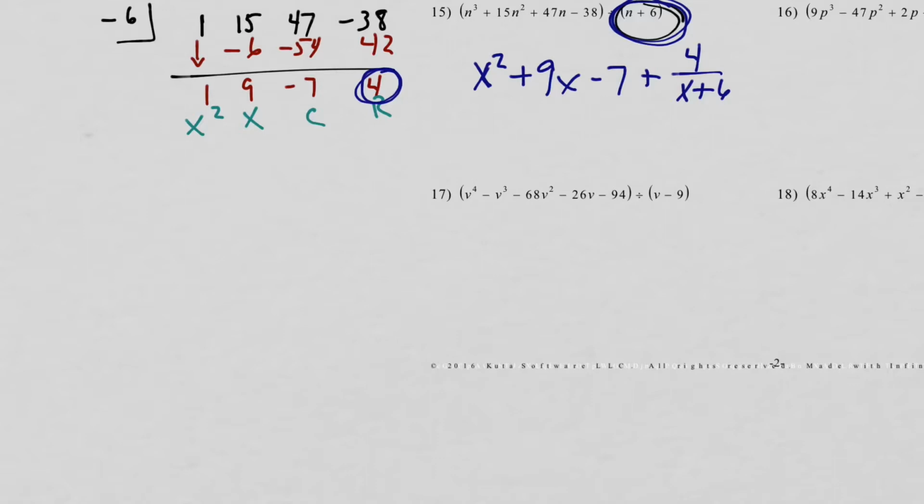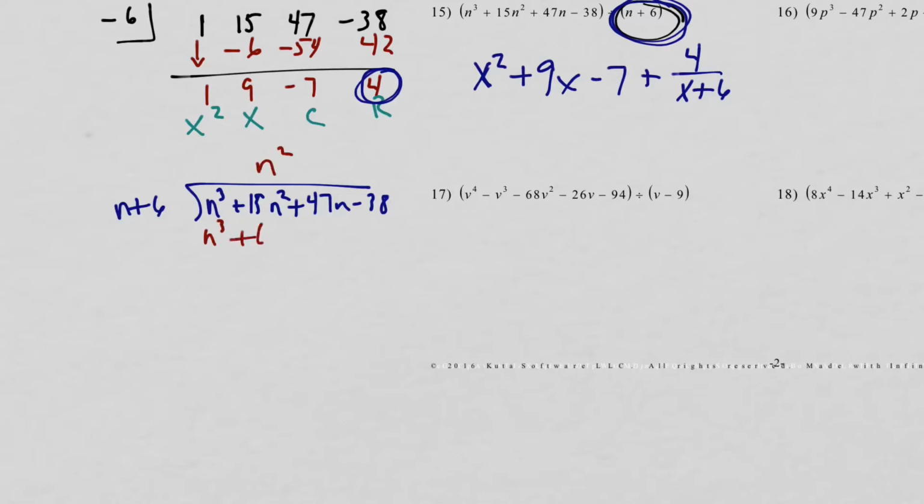So if we would have done the long division, this would have been n to the third, 15n to the second, 47n minus 38. If we would have plugged in our n plus 6 over here, first thing you need to do is multiply to get n to the third.